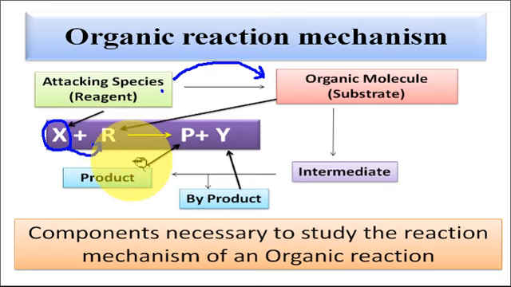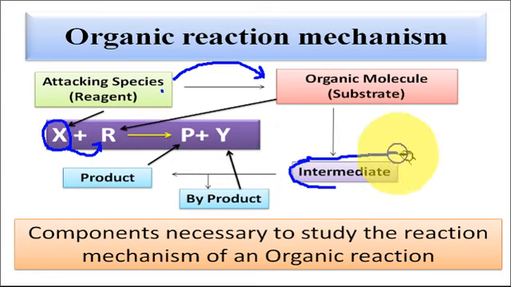This results in the formation of various kinds of intermediates, which lead to the formation of the final product of the reaction, and sometimes byproducts of the reaction are also formed. So, basically, the organic reaction involves four important types of compounds.